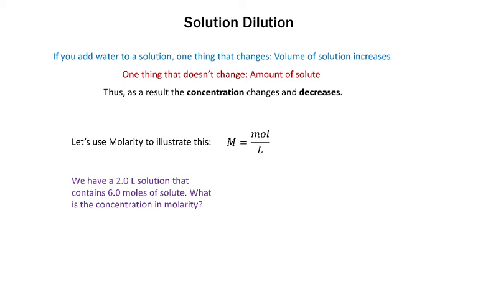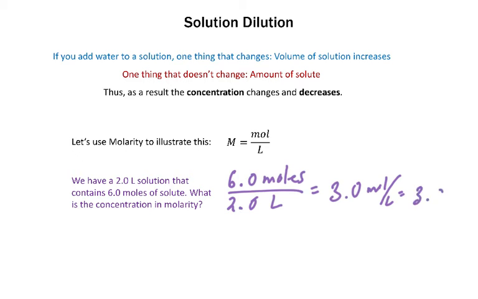Okay, so we have 6 moles over 2 liters would be 3 moles per liter, or 3 capital M molar. Okay, great.